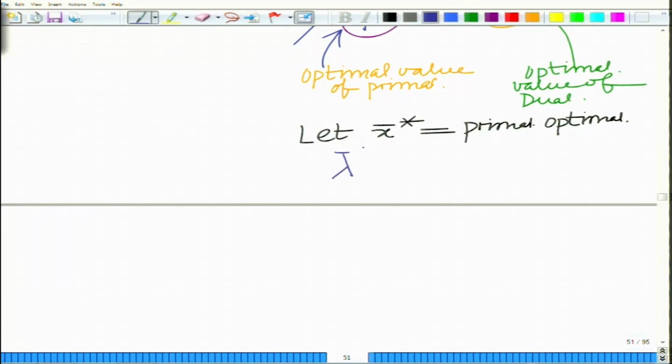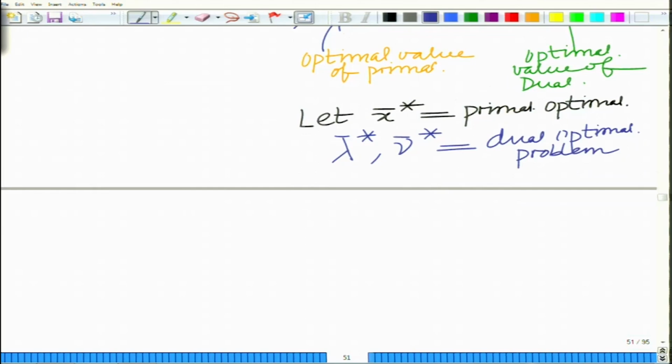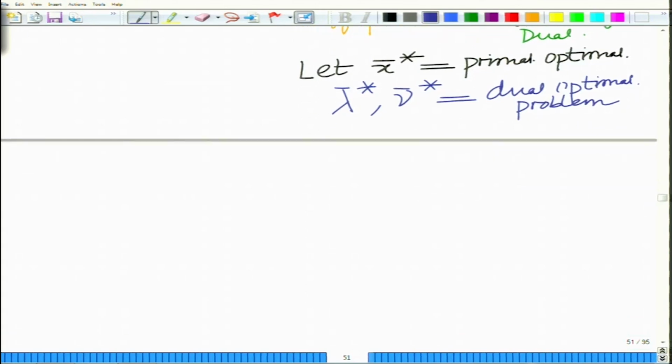Similarly, let lambda bar star, nu bar star be the solution of the dual optimization problem, that is where the dual optimum is achieved.